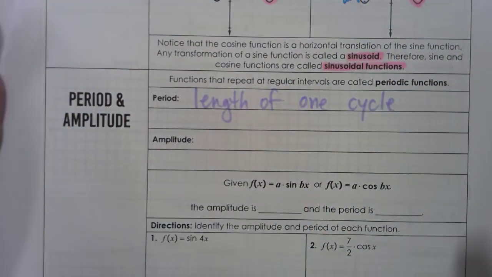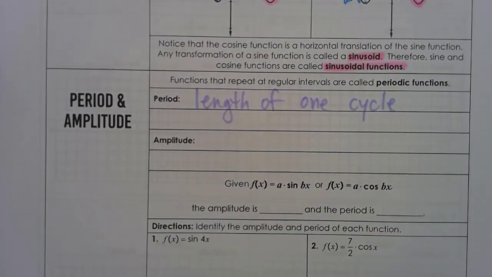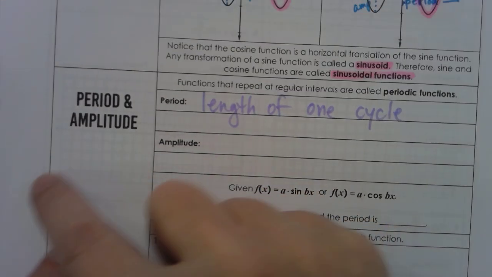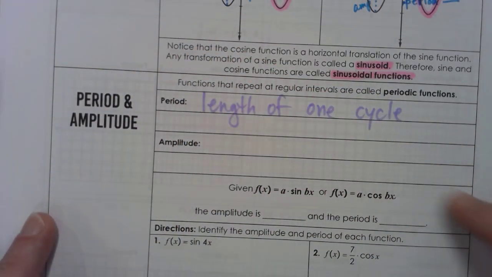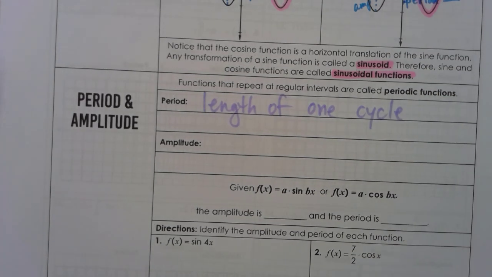Or if we widen that and we make it a really long period of like 3 pi or 4 pi, we have a lot more space. So our curve is going to be spread out like this, and it's going to look wider, like it's been stretched. So that's what the period is responsible for. How far do we have to get through that one cycle, right?